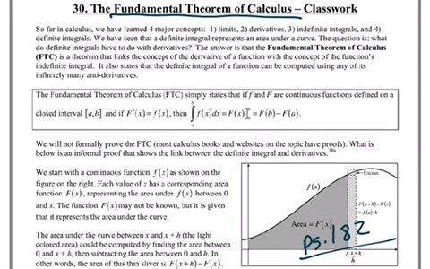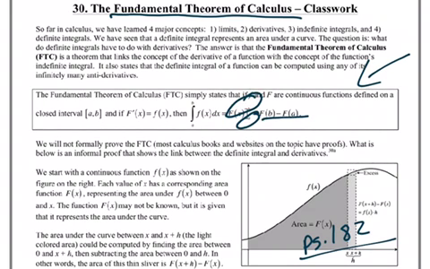It simply states that if little f and big F are continuous functions defined on a closed interval a to b, and if F prime of x equals f of x, then the integration from a to b of f of x dx equals F of x from a to b, which is equivalent to saying F of b minus F of a. You've done this a million times.